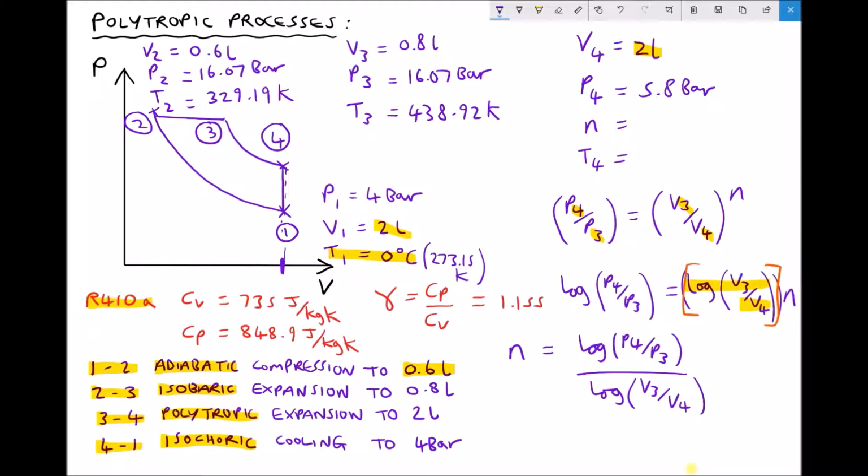Now I'm going to use both my pressures in bar because P4 over P3 is just a ratio, and I'm going to use both of my volumes in litres because V3 over V4 is just a ratio.